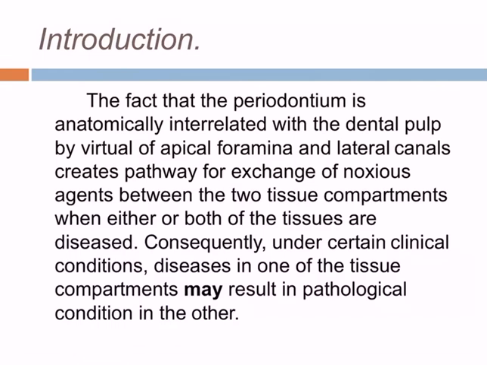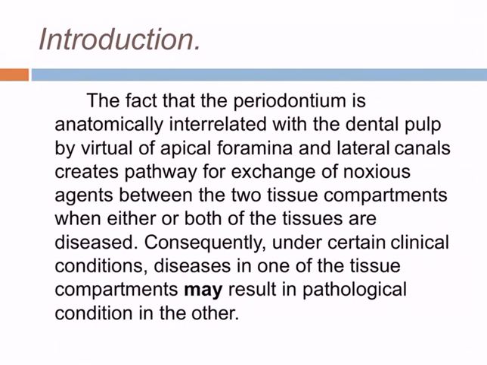Now, you know that your periodontium and pulp are interrelated. How are they interrelated? By means of your apical foramen and lateral canals. This creates a pathway for the exchange of noxious agents between the two tissue compartments.